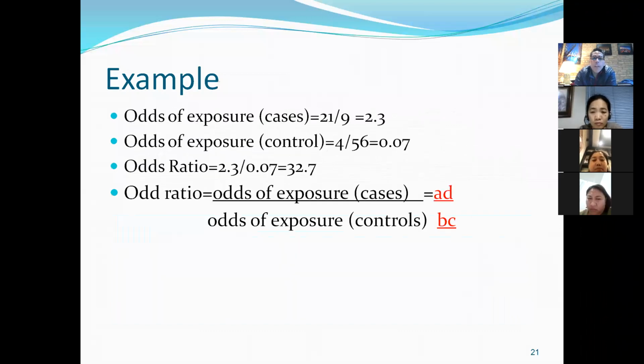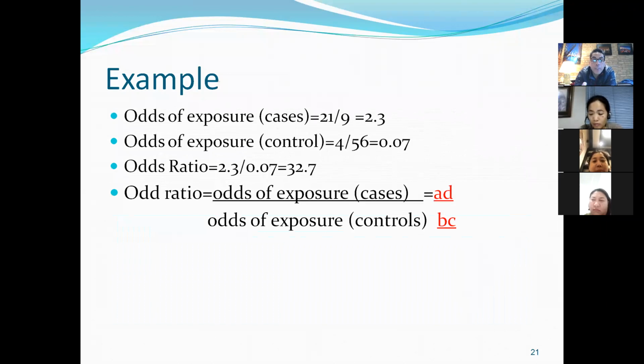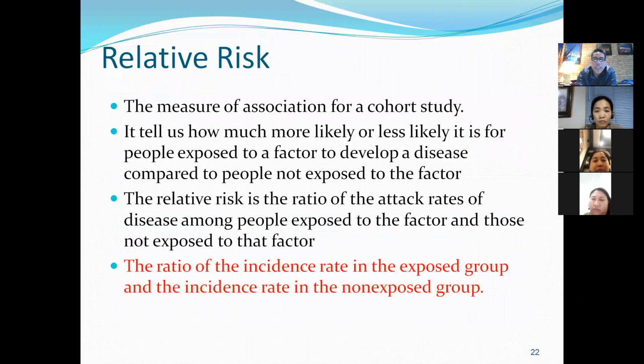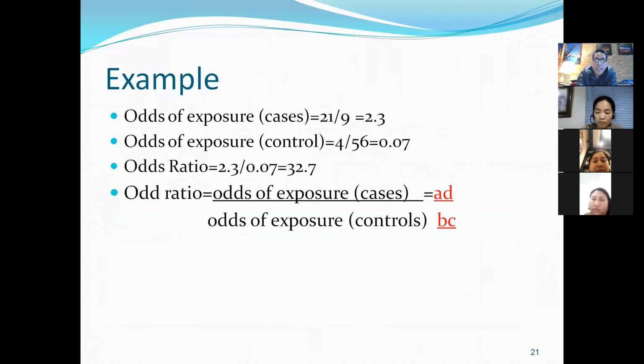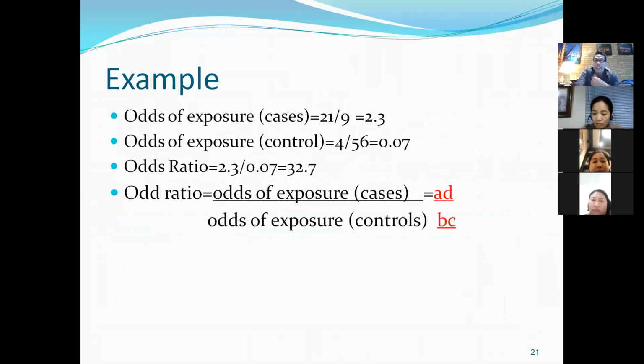So when we substitute the numbers, the odds of exposure for cases, A divided by C, is 21 divided by 9, which is 2.3. The odds of exposure for the control, B divided by D, is 4 divided by 56, and that's 0.07. And so the odds ratio is very simple.